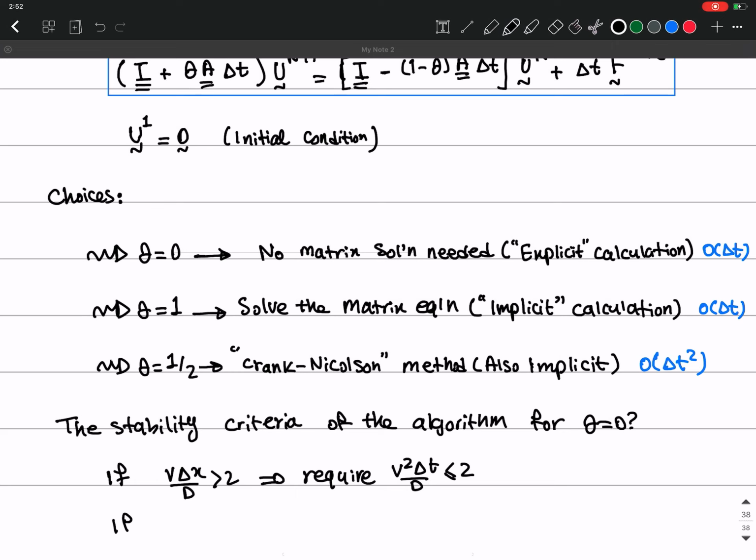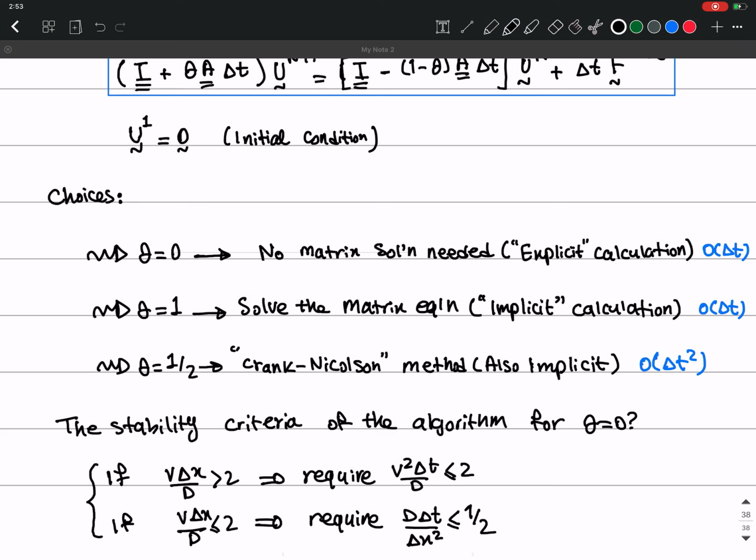And if V delta x over D is smaller than 2, then we require D delta t over delta x squared to be smaller or equal to 1/2.